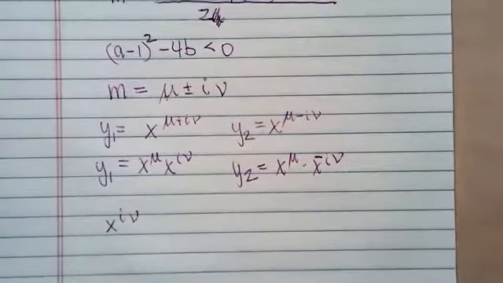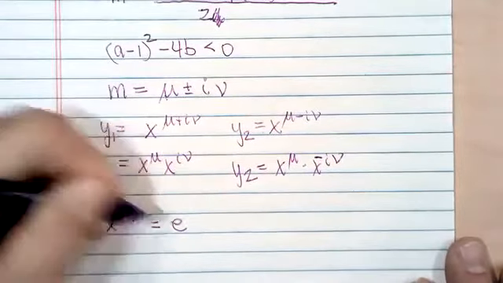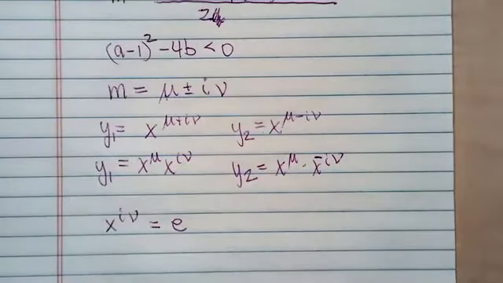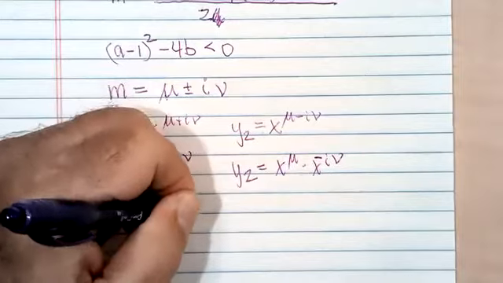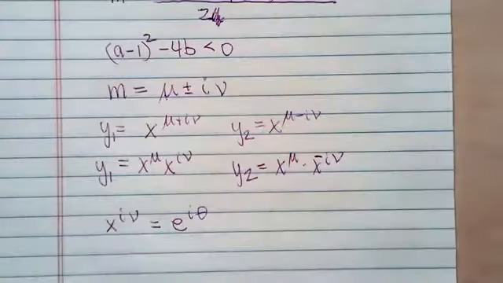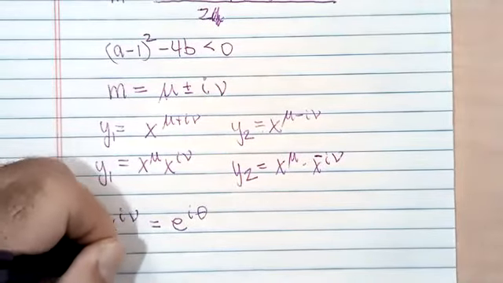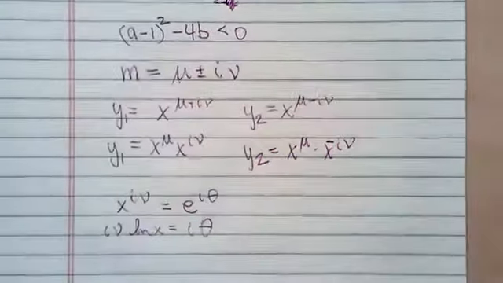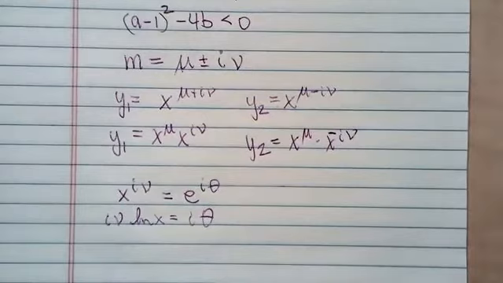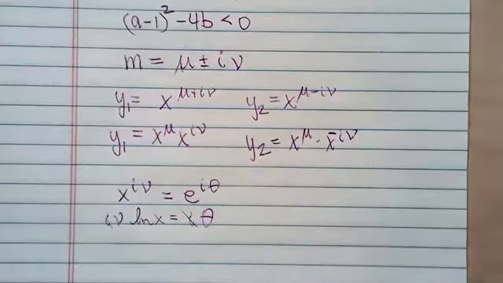Now, what I really want to do is write that as an exponential function, e to the something. And probably it's going to be complex. So let's say e to the i theta. Can we do that? Well, if we take the logarithm of both sides, we'd have i nu log x equals i theta. And then, of course, you could throw away the i's. We knew they were going to be there.